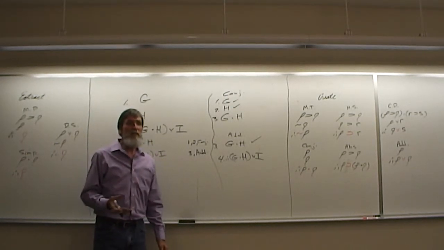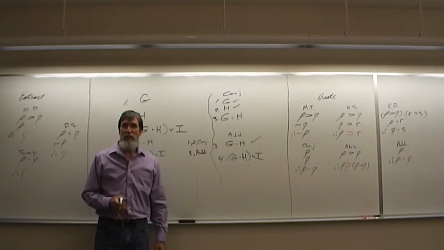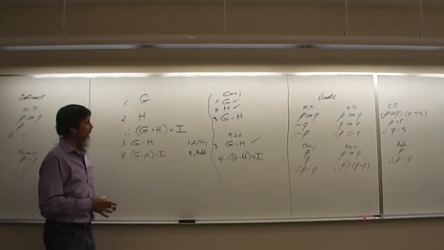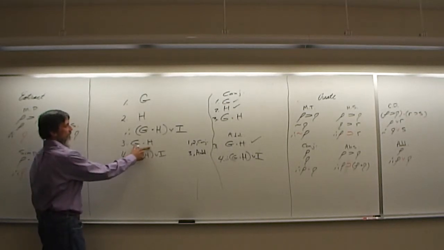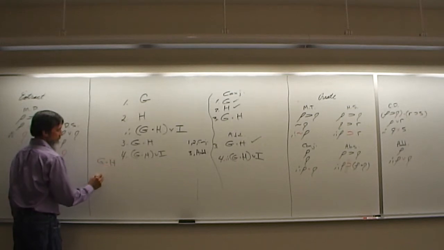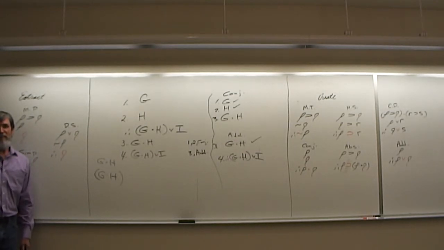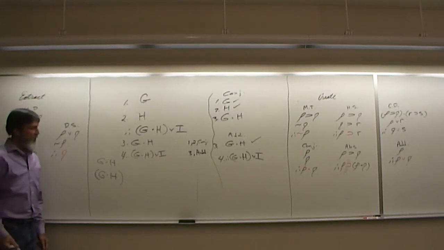If you have punctuation where it doesn't belong, that's incorrect. If you don't have punctuation where it does belong, that's incorrect. See? G.H doesn't need punctuation because it's not part of it. There's absolutely no difference between those two statements. Therefore, there's no punctuation.